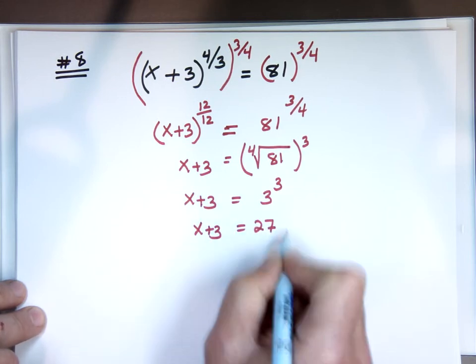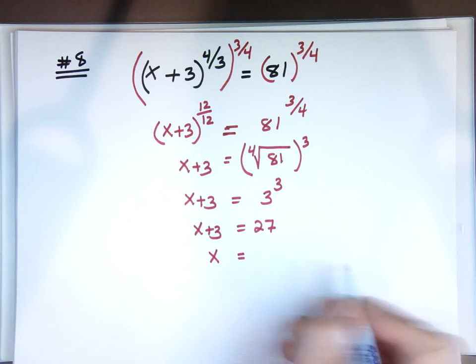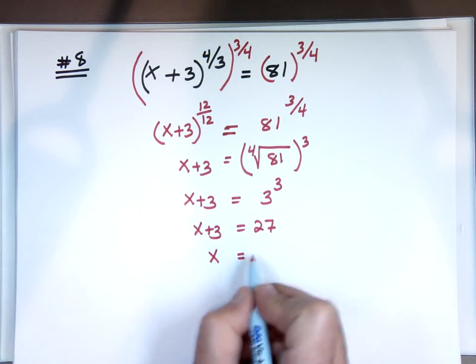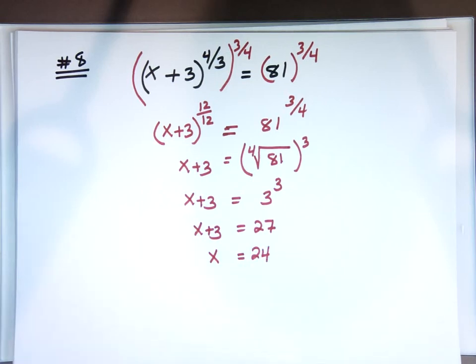Take the 3 there, it becomes x equals what? 24. So that was number 8.